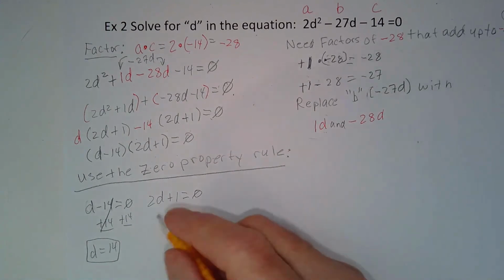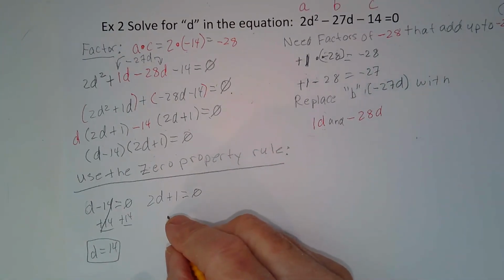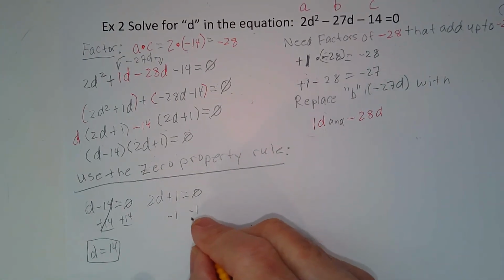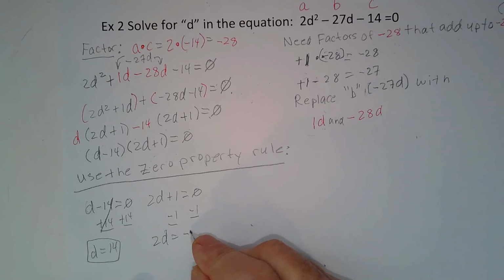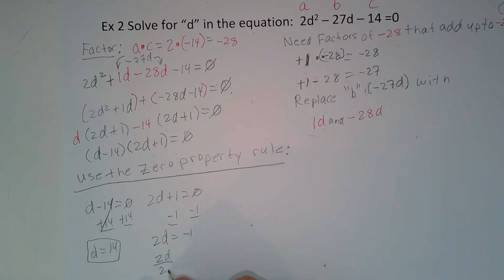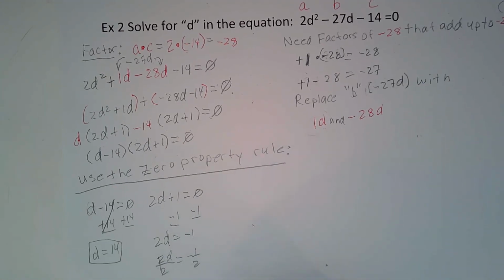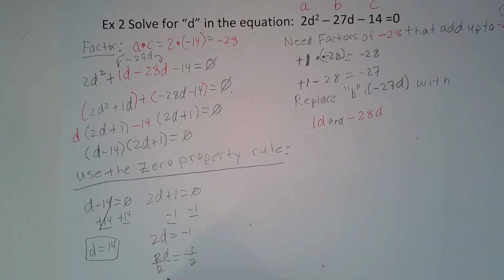And then 2d plus 1, I undo, so I subtract 1 from both sides, and I get 2d equals negative 1. Then I go ahead and I divide by 2. The 2 divided by 2 cancels, and I end up with d equals negative 1/2.